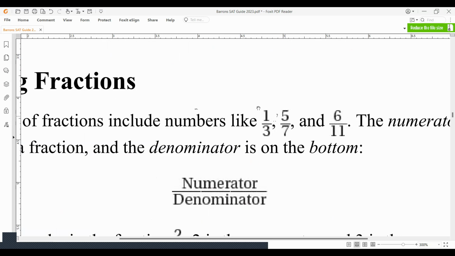This is a rational number because we cannot make it smaller. This is the smallest, the most fundamental form.